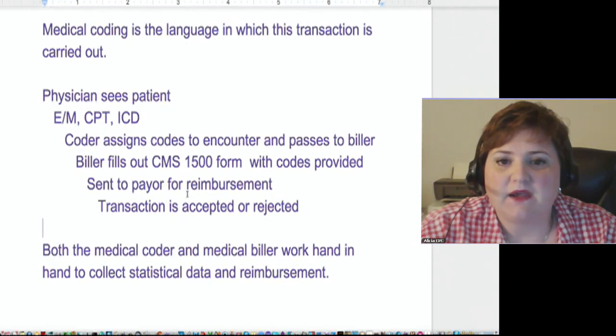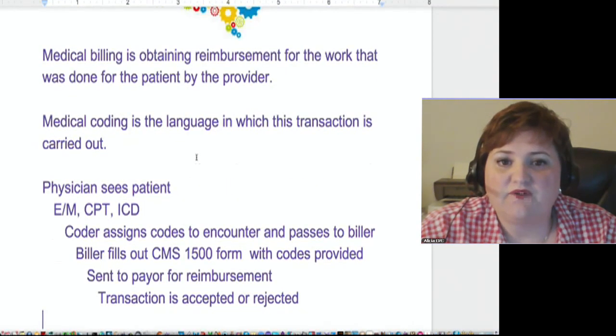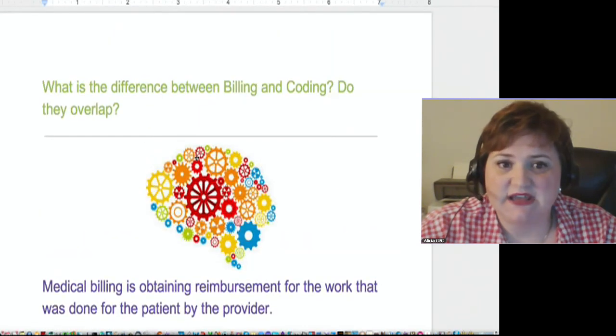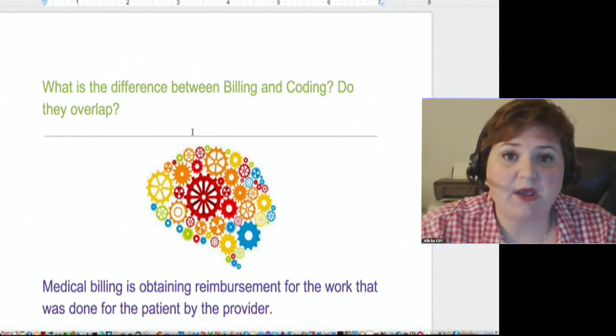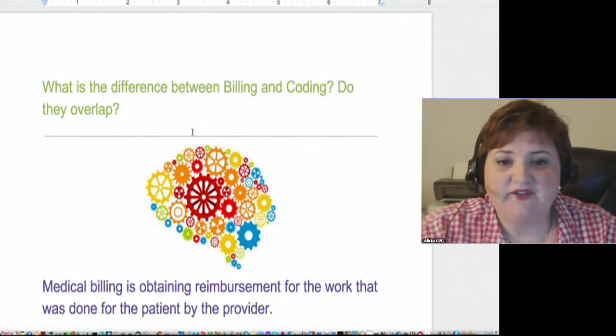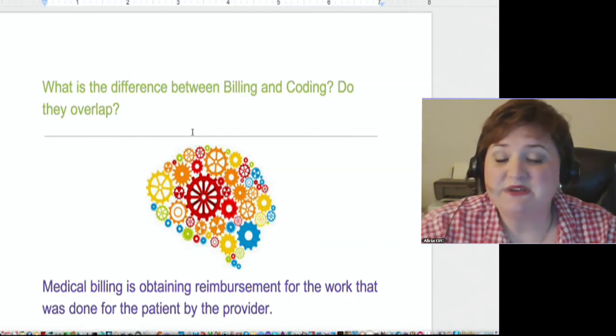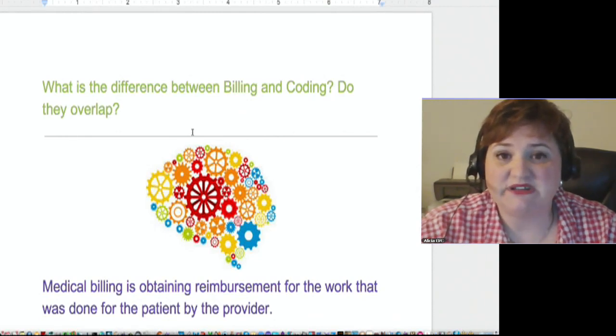So the biller and the coder perform two different services. Their jobs overlap, and you could have one person performing both jobs if it's a small practice, maybe one physician, or even maybe 2 doctors, or maybe a specialty, like a podiatrist, where it's repetitious.